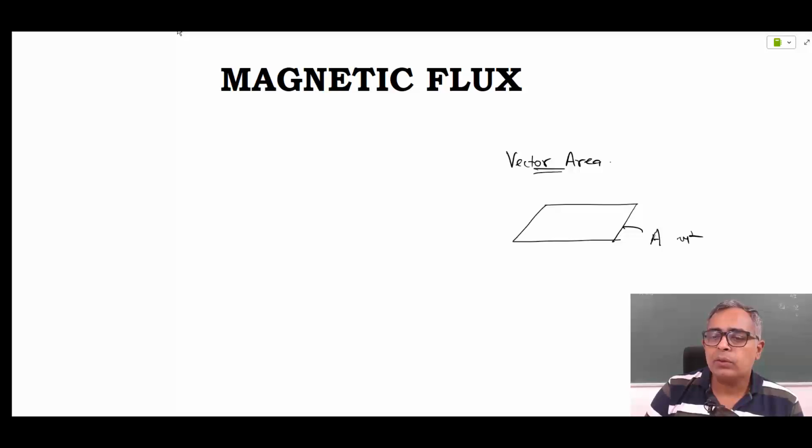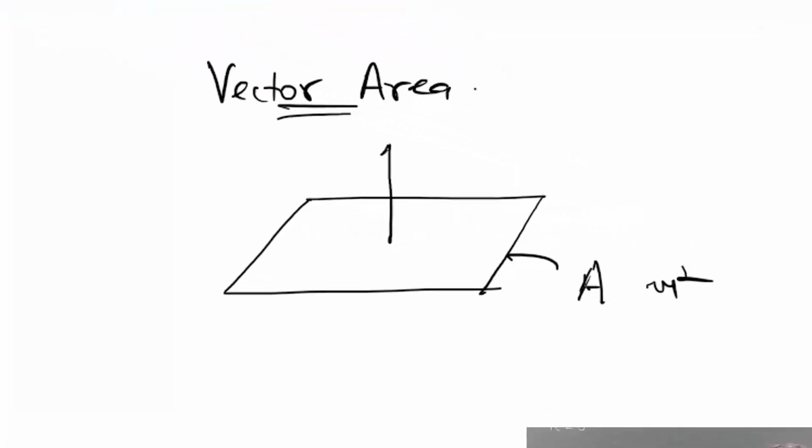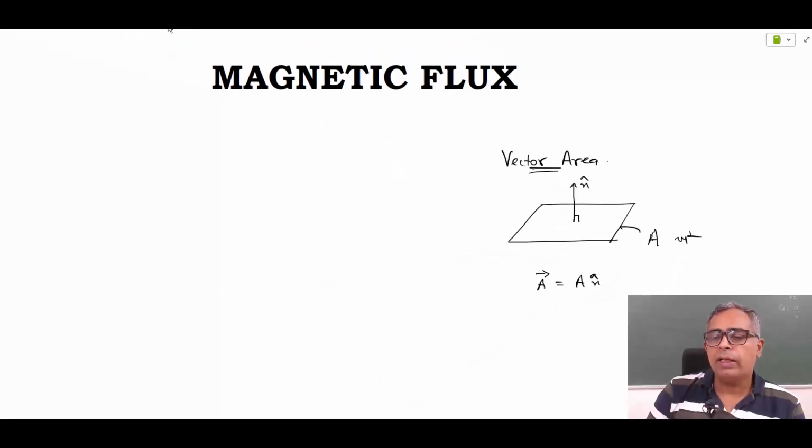But if I associate a unit vector perpendicular to the plane of this area, I can define this as an area vector and represent it as A equals A n cap. Now this has become an area vector, right?